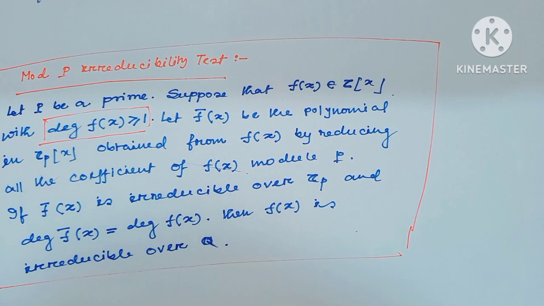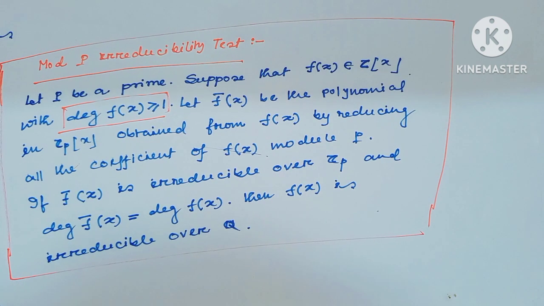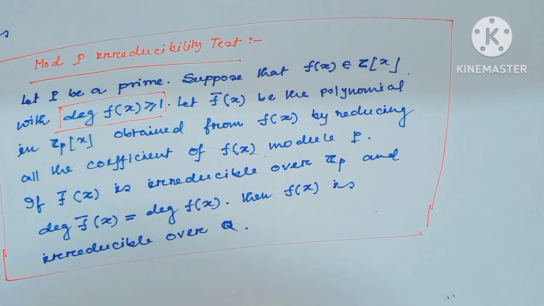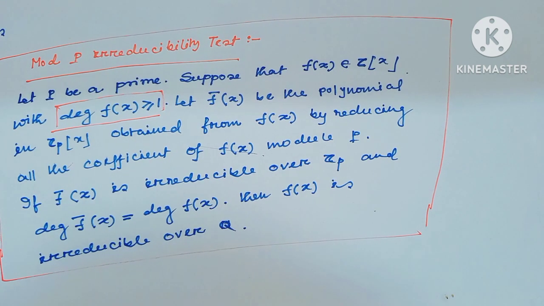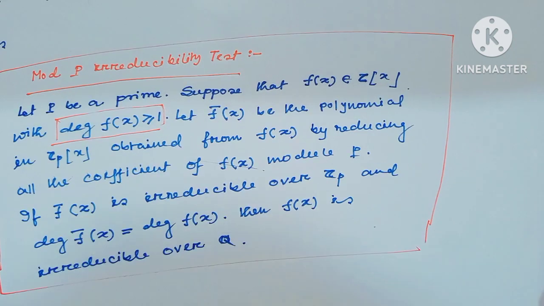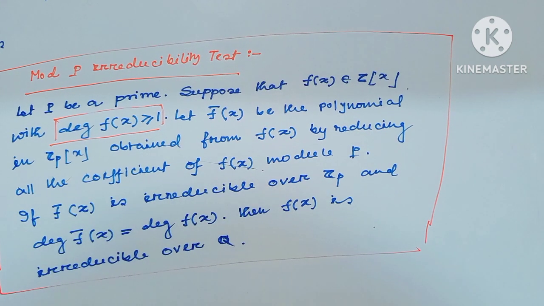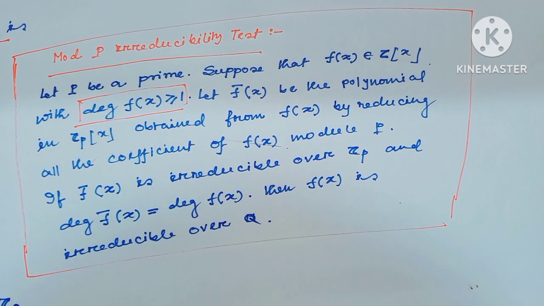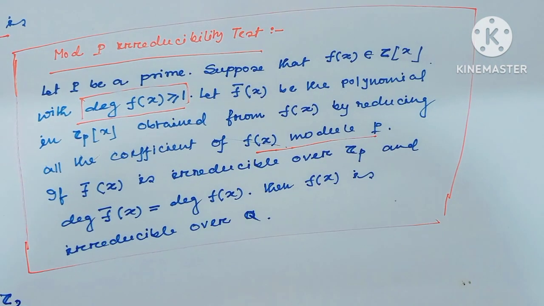Next test is the mod p irreducibility test. This test is also very important for testing reducibility and irreducibility. The test is: let p be a prime number and suppose that f(x) is in Z[x] with degree of f(x) greater than or equal to 1, and let f bar(x) be the polynomial in Zp[x] obtained from f(x) by reducing all coefficients of f(x) modulo p.